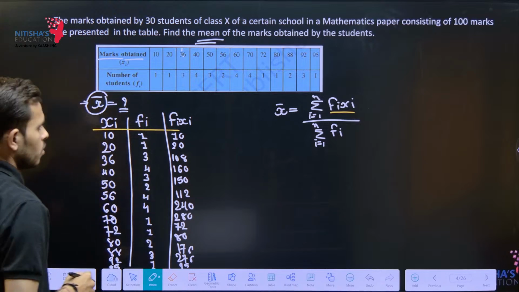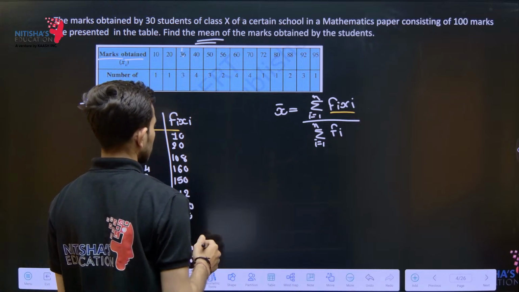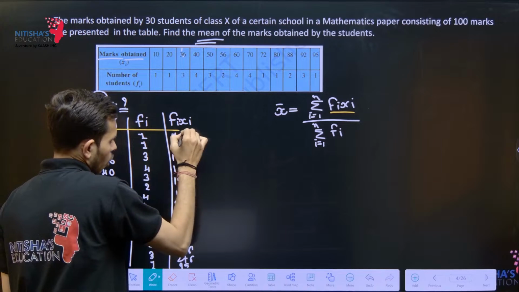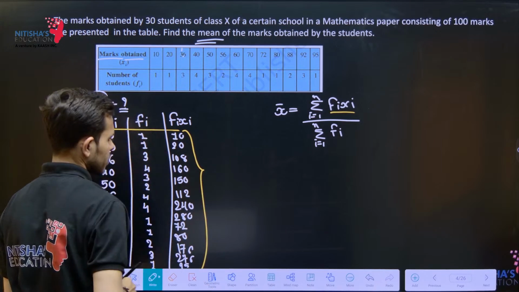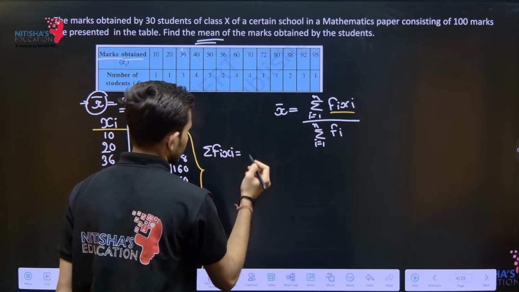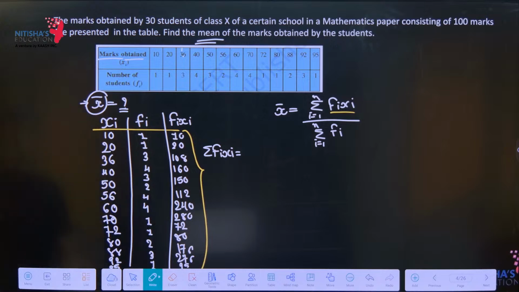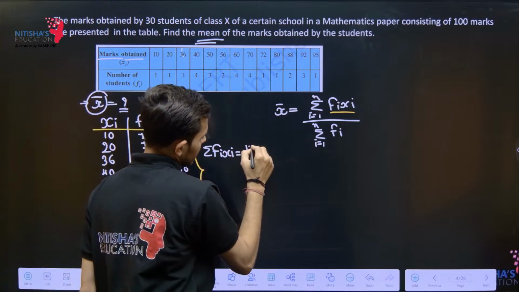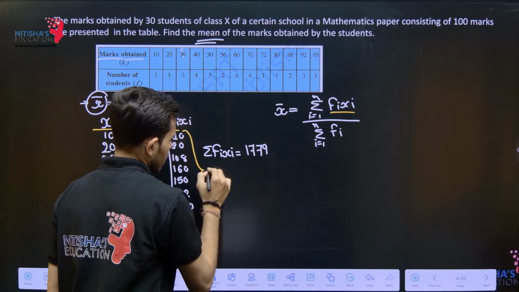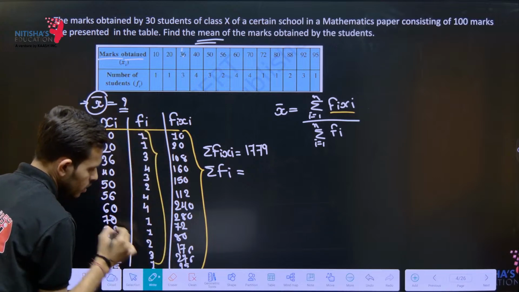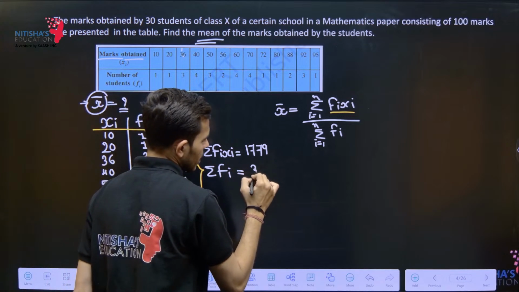Now we want the total of fi xi. If we add all these products, we will get sigma fi xi, which is 1779. And sigma fi, if we add all of these, we will get 30.